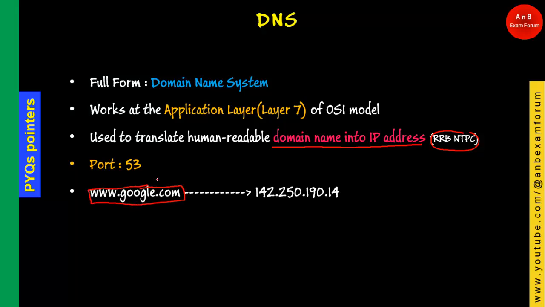This protocol, Domain Name System, is going to translate it into an IP address. There are many systems and servers which store the IP related to the domain. So the domain name is this one, and DNS is going to convert this domain name into the IP address. So this is the IP address.